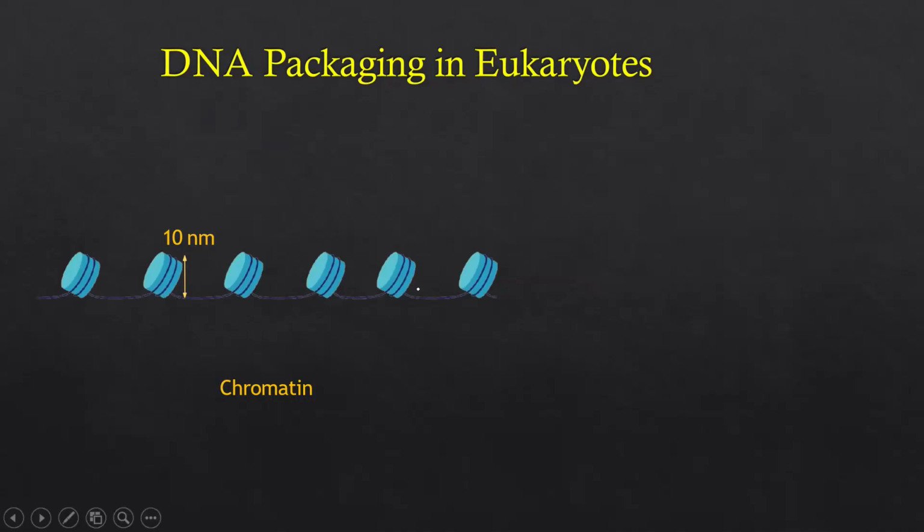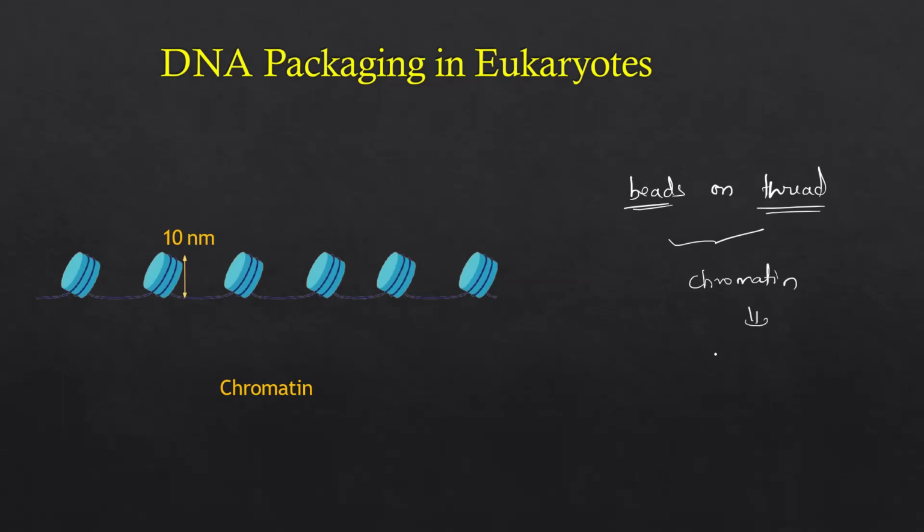Okay. And if you see these nucleosomes on this chromatin material, it will appear like beads on a thread, a beads-on-thread-like structure, which is also known as the chromatin. The name chromatin came because it is a colored body when it is stained. You add some color, it will absorb that color and it will look like that color.